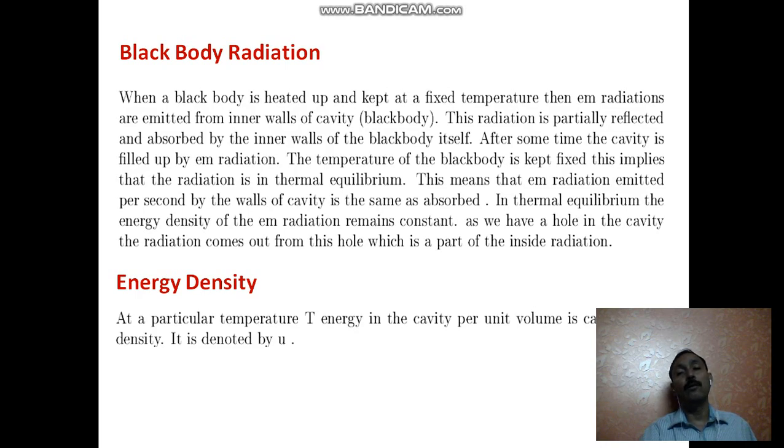As we have a hole in the cavity, the radiation comes out from this hole, which is a part of the inside radiation. Now, energy density. What is the energy density? At a particular temperature T, the energy in the cavity per unit volume is called energy density. That means energy per unit volume. It is denoted by U.